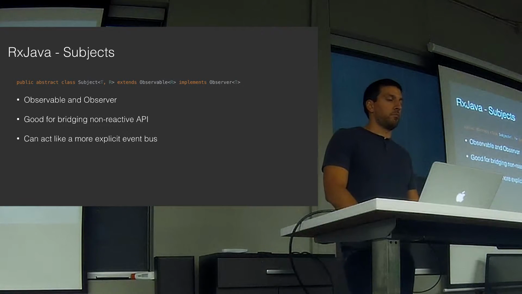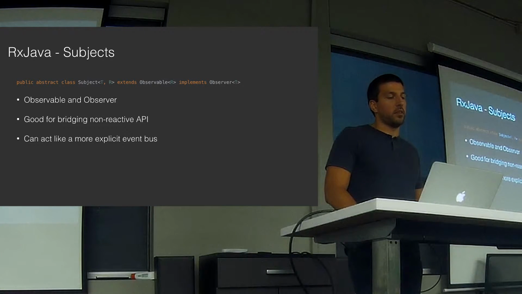The other building block or potential building block in RxJava are subjects, and these are observables and observers. So they can emit items and they can also be subscribed. So here we'll show an example of when you would use them. They're good for bridging non-reactive APIs, like maybe broadcast receivers.